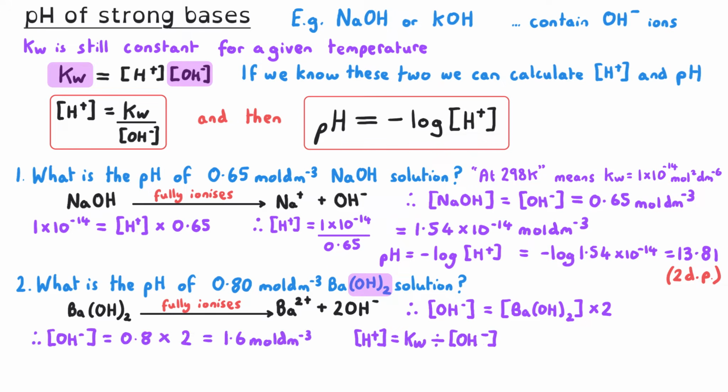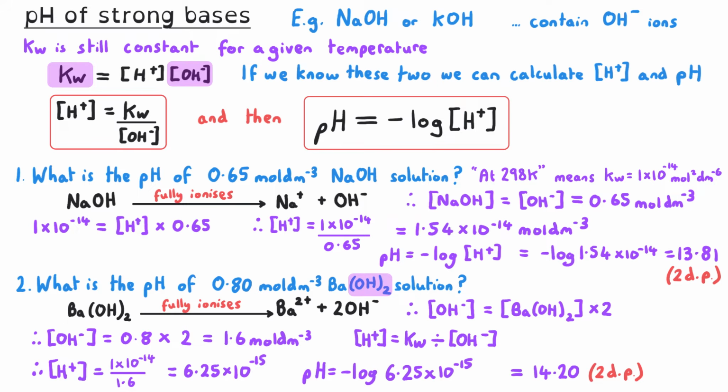And so Kw divided by this hydroxide ion concentration gives us a hydrogen ion concentration of 6.25 times 10 to the minus 15, and then the negative log of this value gives us 14.20.